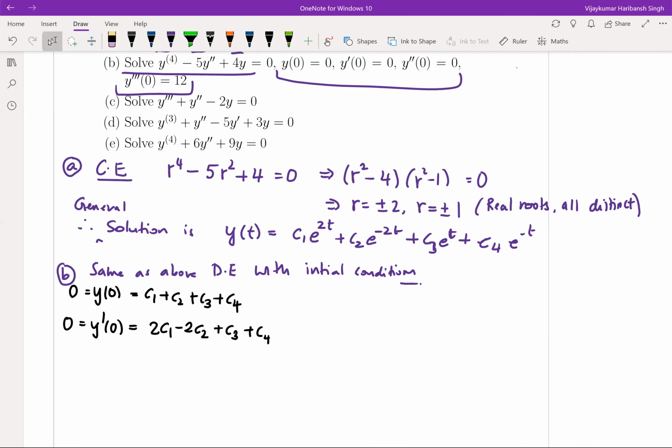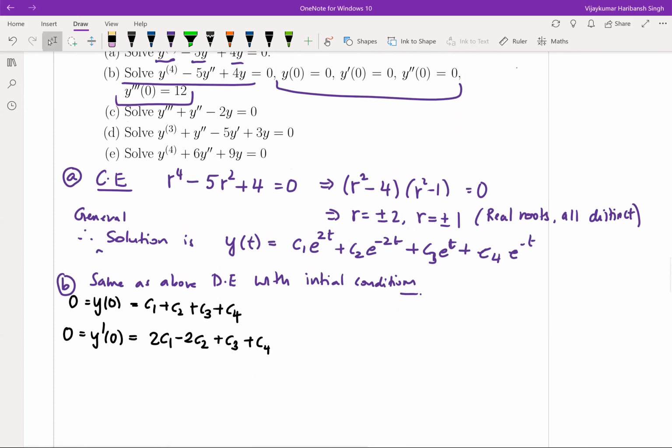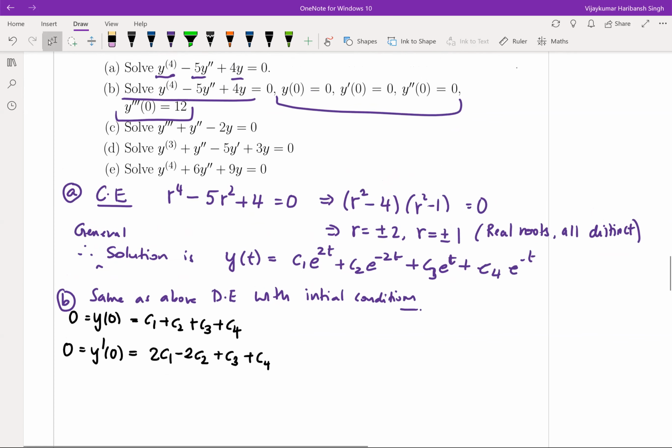Now, y double prime of 0 is also 0. If I take the second derivative, it is going to be 4c1 plus 4c2 plus c3 plus c4, which is also 0.